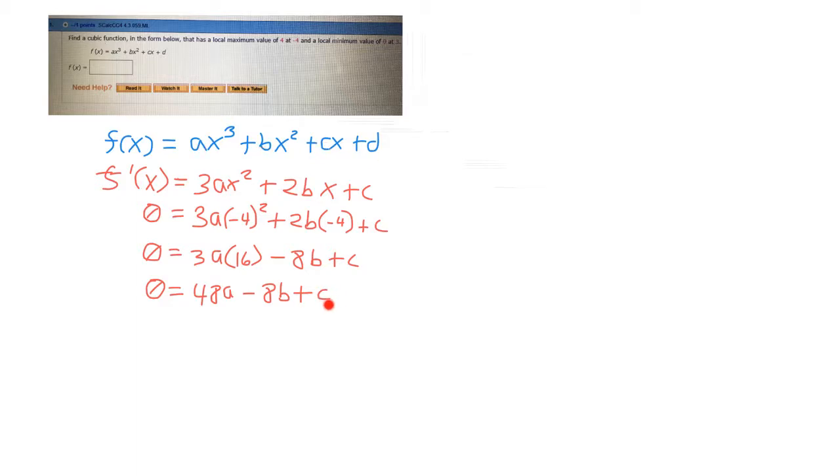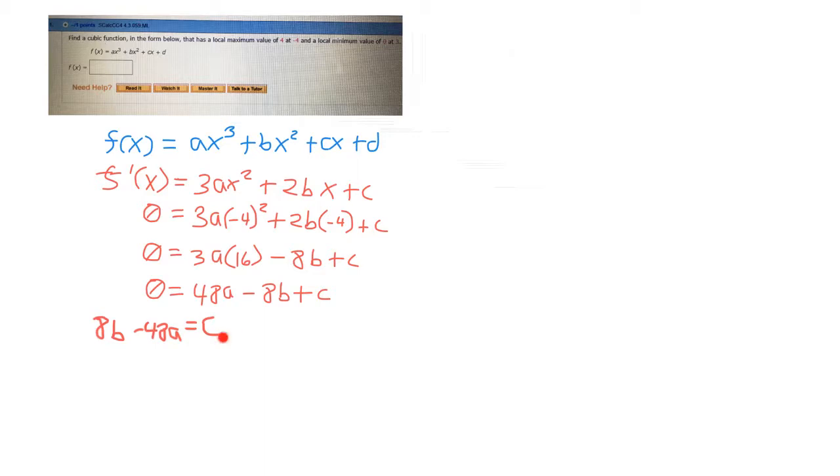C is primed right now to be solved for, so I'm going to leave c on the right, and I trust my student to understand that we have an 8b minus 48a on the left. She could always pause the video. We're going to leave it at that for now.